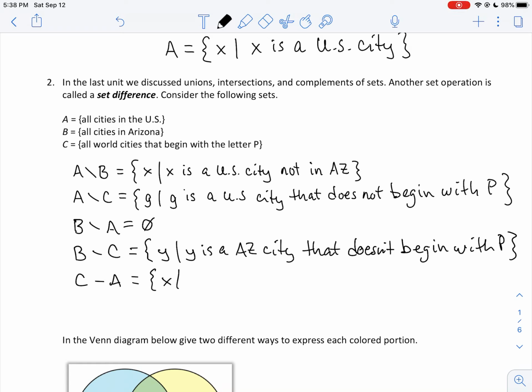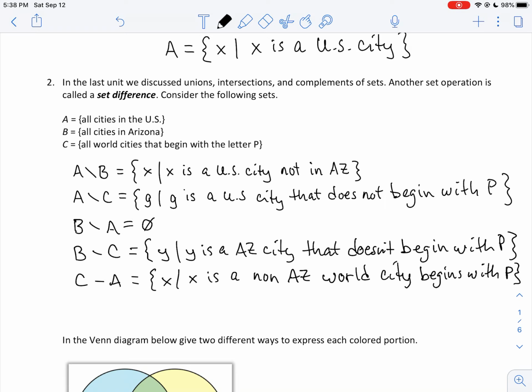So anyway, back to C minus A. So we want to do all cities in the world that begin with P, but none of them could be in Arizona. So X is a non-Arizona world city that begins with P. I'm being a little bit lazy in my writing to go quickly here.